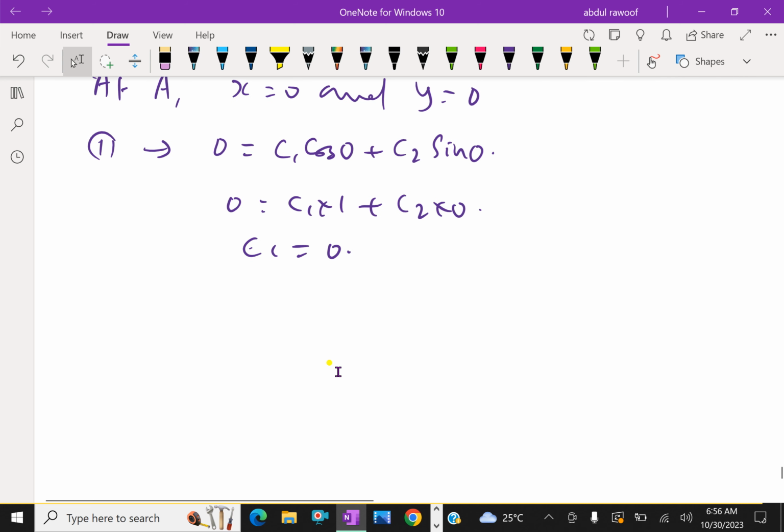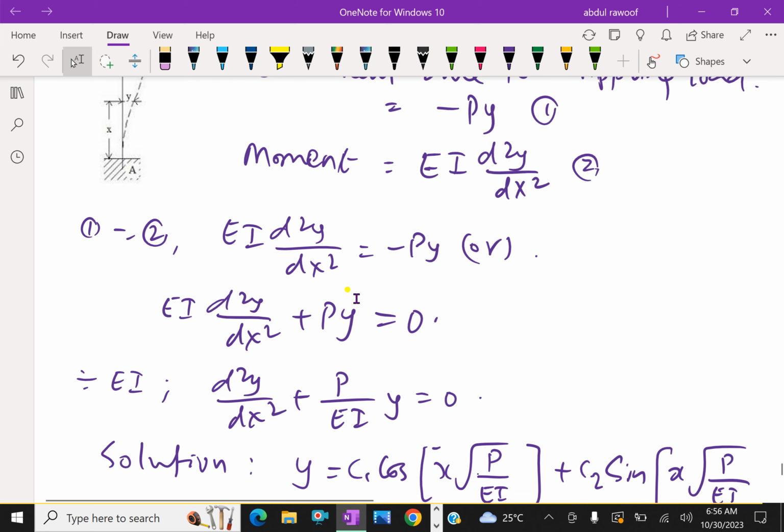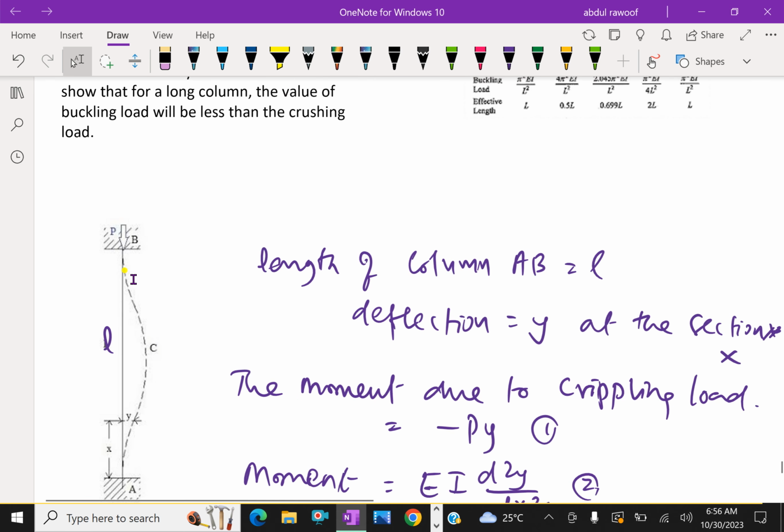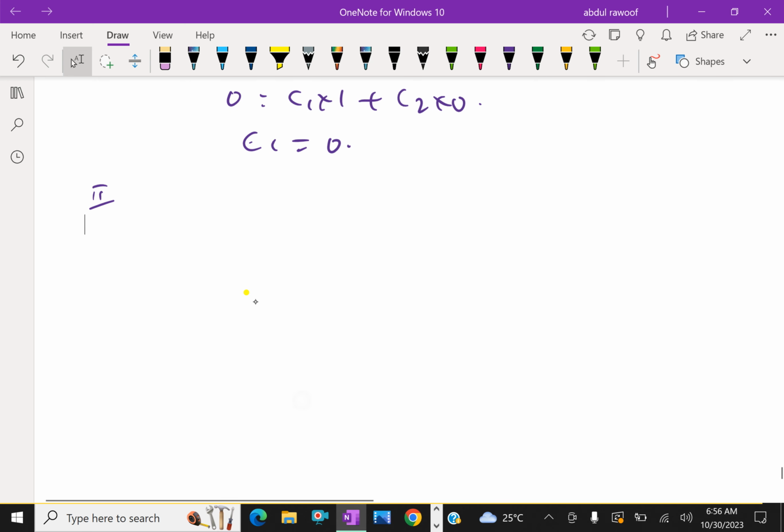Then at the second stage, at x equal to L, this complete length, at x equal to L and y equal to 0.